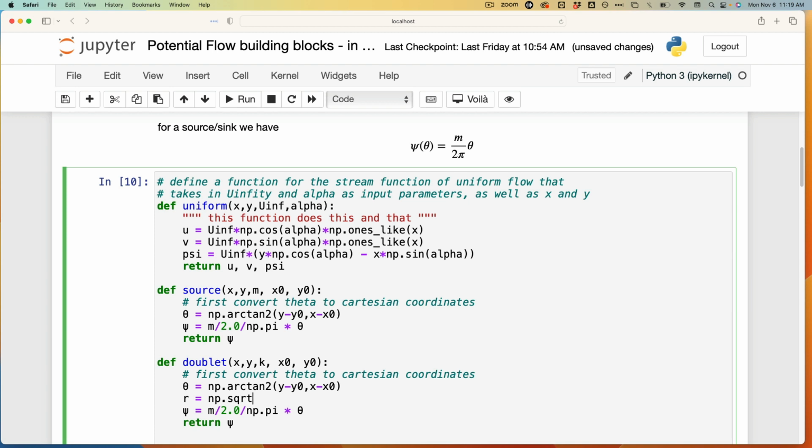So np.sqrt of x minus x0 squared plus y minus y0 squared. Now my psi is simply minus k. I'm going to absorb the pi into k. You can still divide by pi, it doesn't matter. Times np.sin theta over r.